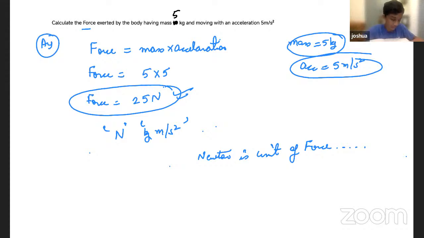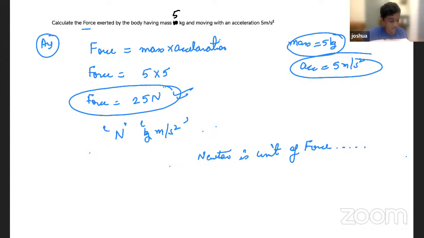According to Newton's first law of motion, the application of an unbalanced force brings a change in the velocity of an object. Thus, the force can produce a change of momentum. Newton's second law of motion establishes a relationship between force and change in momentum.